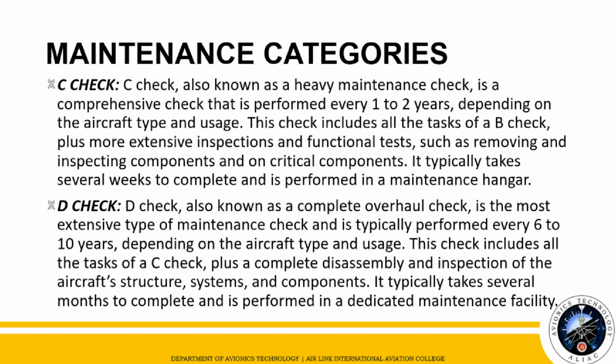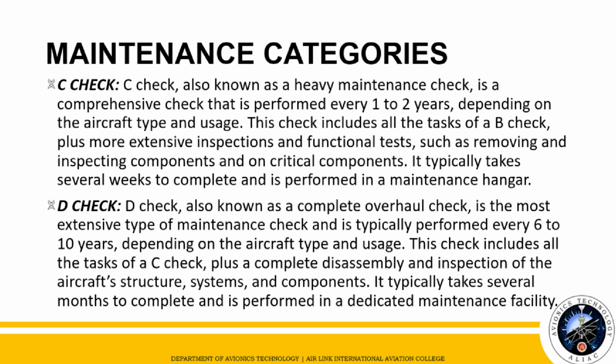Last is the D check, also known as complete overhaul check or the heavy maintenance visit or the HMV. It is the most extensive type of maintenance check, and it is typically performed every 6 to 10 years depending on the aircraft type and usage.